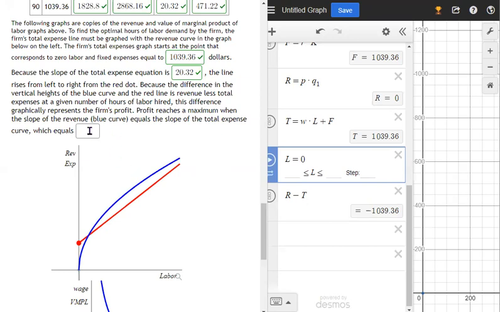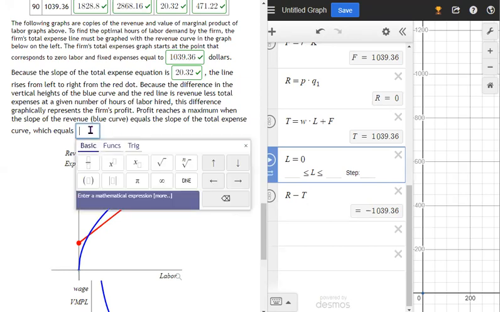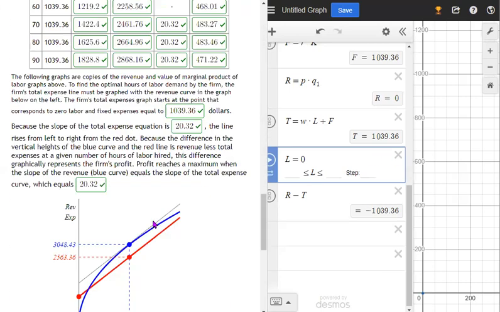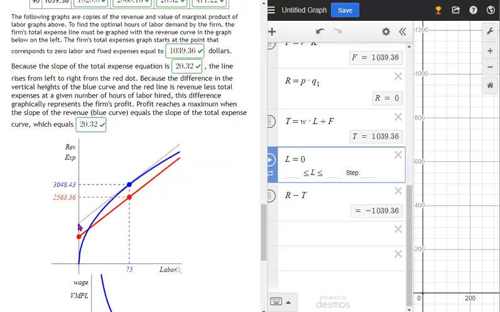Well, the slope of the total expense curve again was 20.32, right? $20.32 per hour. Now, notice this draws a tangent line, a line that is just tangent to the blue curve. That line is also parallel to the red line, right?